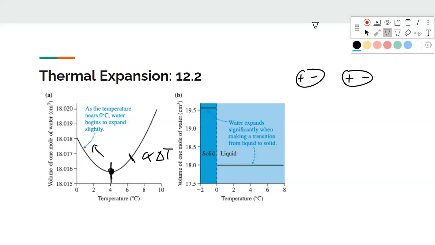But anyway, that's all I wanted to say here. First of all, you should know this important property of water. You may be quizzed on it. And you should know that liquid water has a higher density than solid water, which is critical to life. Life began in the water, and you can't have aquatic life if water sinks when it freezes, because then it would just get piled under ice, or it would be a lot more difficult at least to sustain.